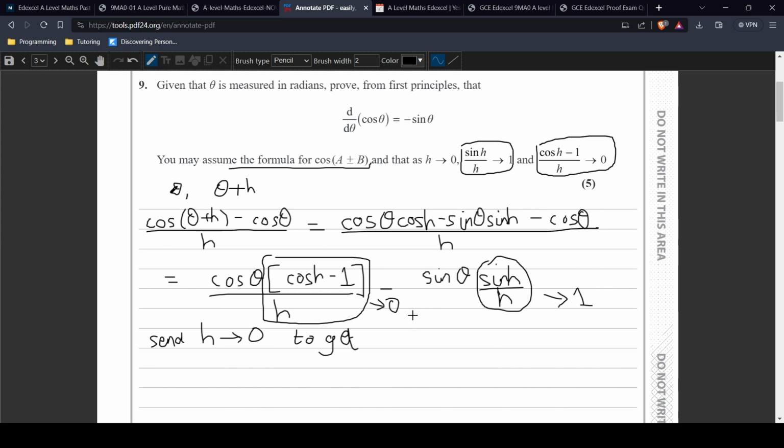So this whole first term just disappears. This becomes 1 basically, so what we're left with is just sine theta times 1, but remember we've got the minus sign here. So send h to 0 to get minus sine theta.